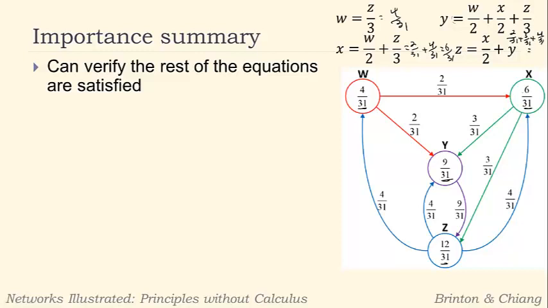And then that'll give us 9 over 31 for Y, which is what we thought. And Z is X over 2, which is 6 over 31 divided by 2, which is 3 over 31, plus Y, which is 9 over 31, which is going to give 12 over 31. So you can see that each of these equations are valid, exactly as we thought. So they all do hold.